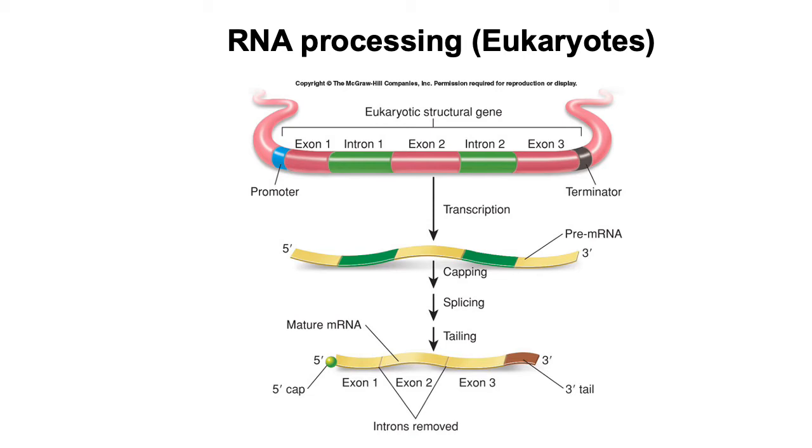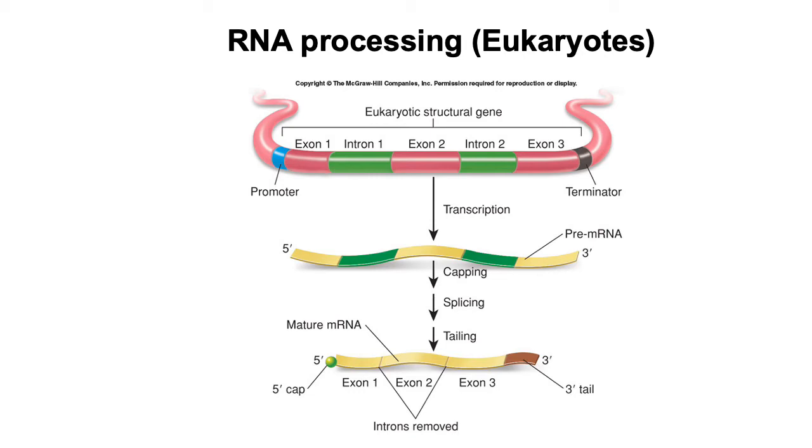So we have our gene that's shown here in red across the top. There you have your promoter and you have your terminator, and then you have what we might call the structural gene between the beginning and the end there. And we have a couple of things shown in red there called exon 1, 2, and 3, and there are green introns 1 and 2. We'll come back and talk about those in a little bit. So we have transcription, right? The promoter signals the beginning of transcription, and an mRNA is copied from the template strand of the DNA.